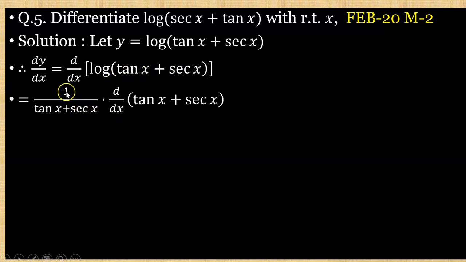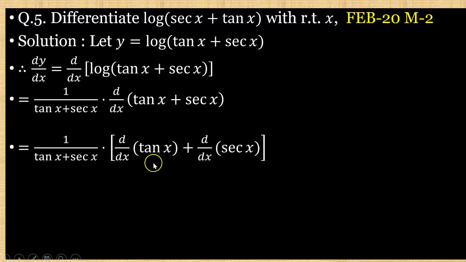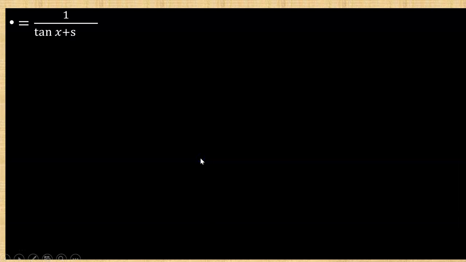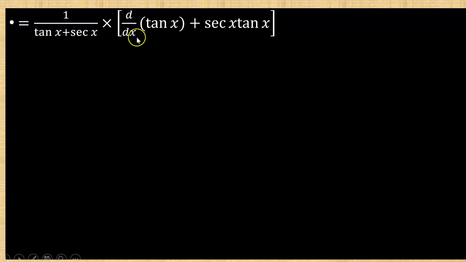In a similar way, here 1 upon tan x plus sec x into d/dx of tan x plus sec x, because it is a composite function. That is 1 upon tan x plus sec x, and the derivative of tan x is sec square x, and the derivative of sec x is sec x into tan x.